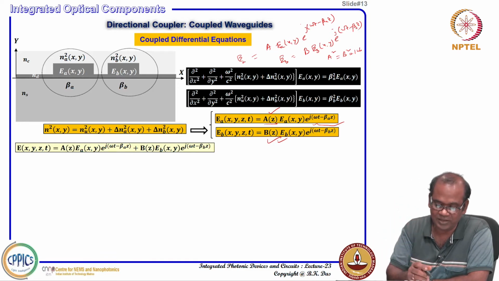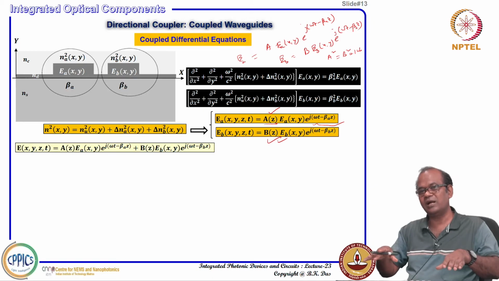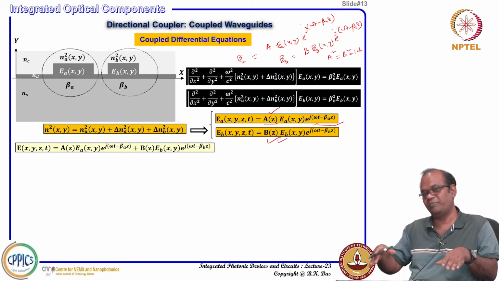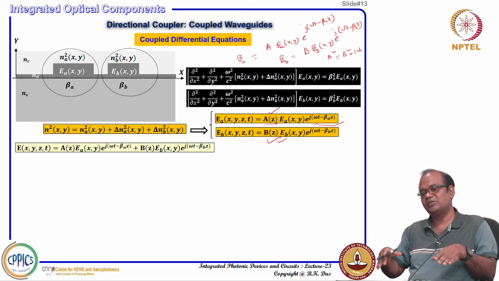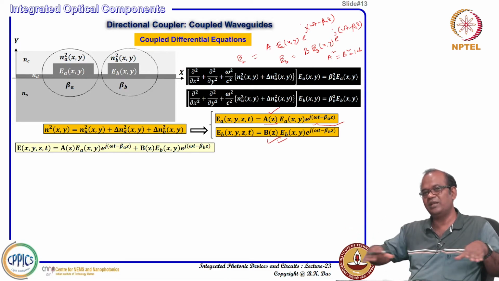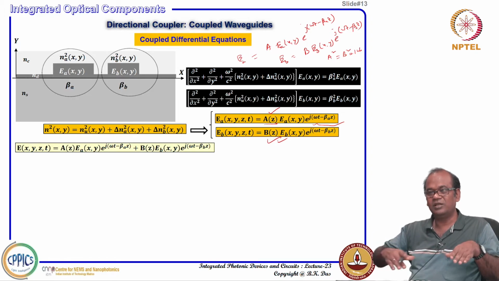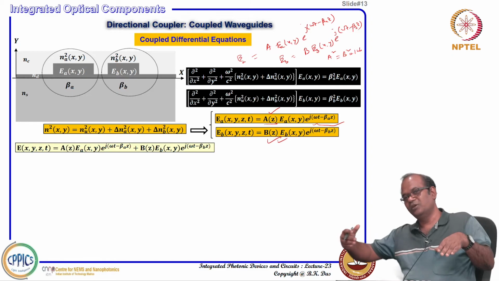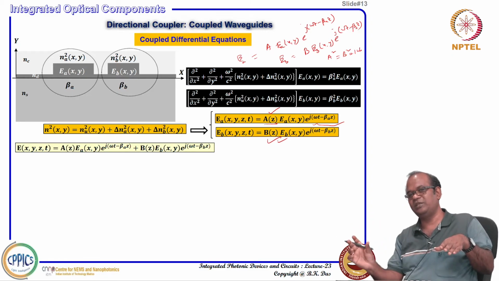We are considering that they come so close that the perturbation due to the presence of the second waveguide is not very high. Both waveguides are weakly coupled. That means the evanescent tail is almost going to 0, and there you see the presence of the second waveguide.